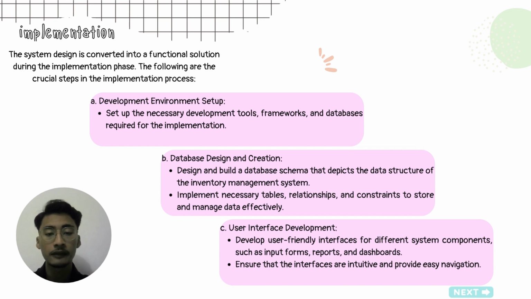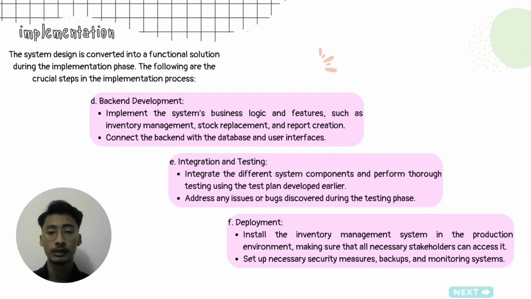C. User interface development. Develop user-friendly interfaces for different system components such as input forms, reports, and dashboards. Ensure that the interfaces are intuitive and provide easy navigation. Next is point D, which is backend development.